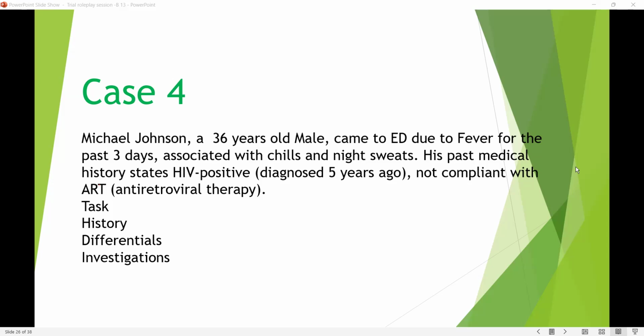Now coming to the differential, you mentioned infection, but we all know it's an infection. Your job as a differential is to mention, because the patient has fever and a background history of HIV, that I need to find out the source of the infection. The source could be lungs, urine, GI tract, or the brain coverings, the meninges, anywhere.